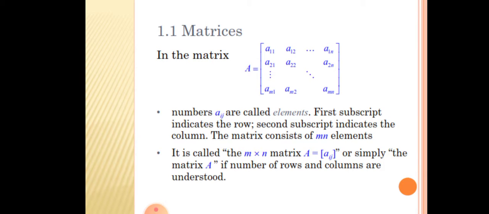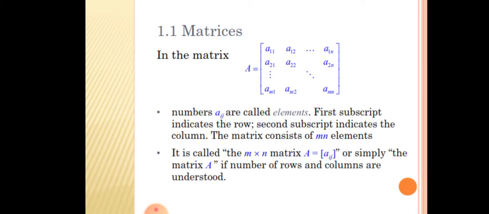The first subscript indicates the row, the second subscript indicates the column. So an m cross n matrix has m times n elements. Matrix A can also be written in square brackets with its elements aij, where i denotes rows and j denotes columns.